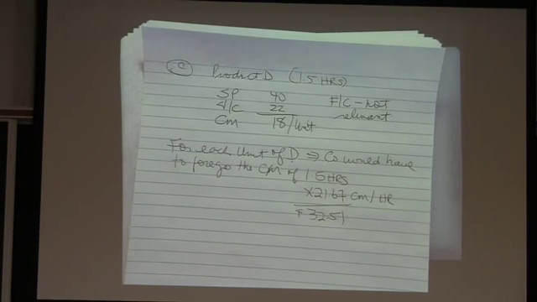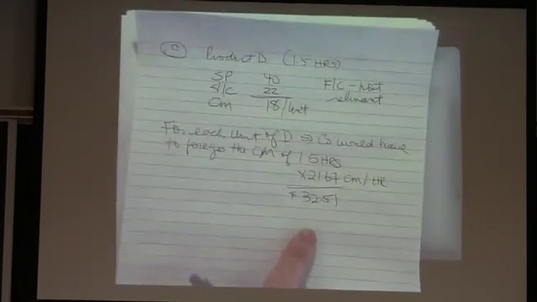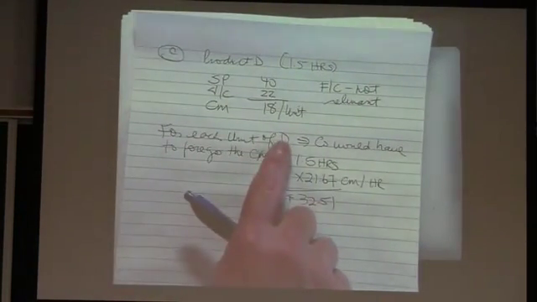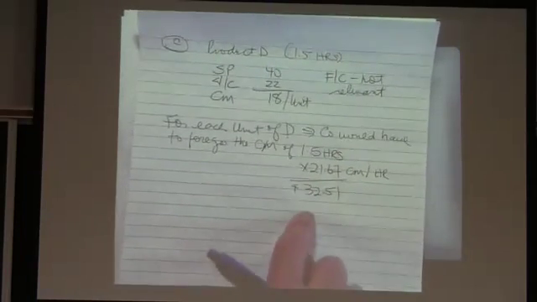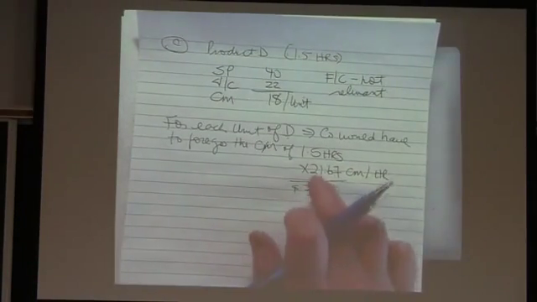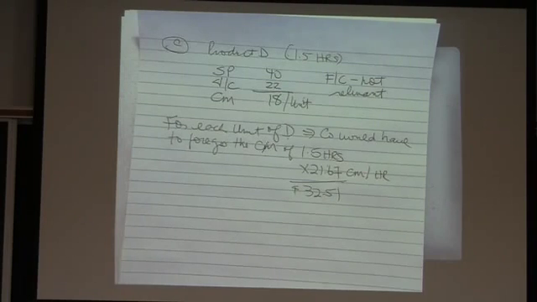What is the opportunity cost of accepting the order? For each D, they would have to forego the contribution margin of the highest one of the 3 products.